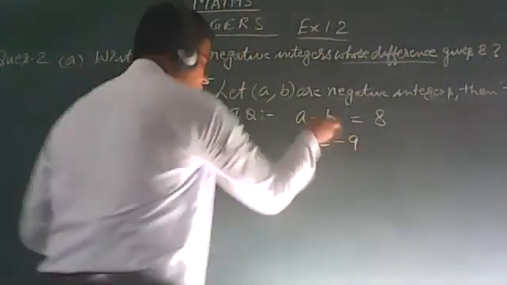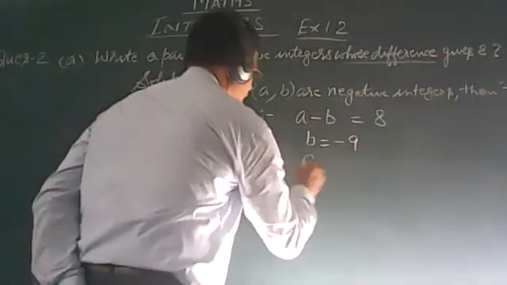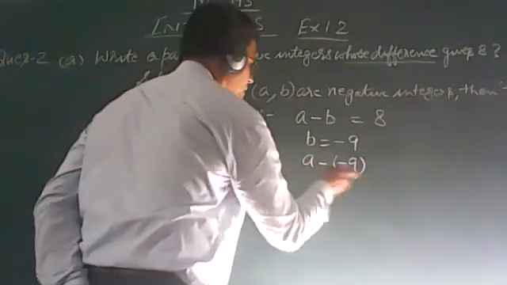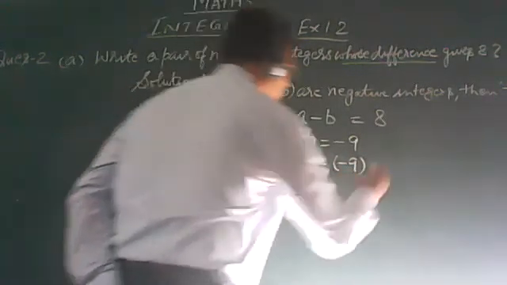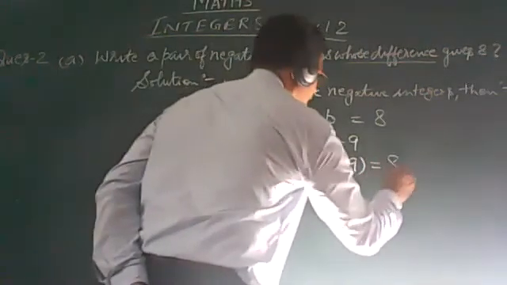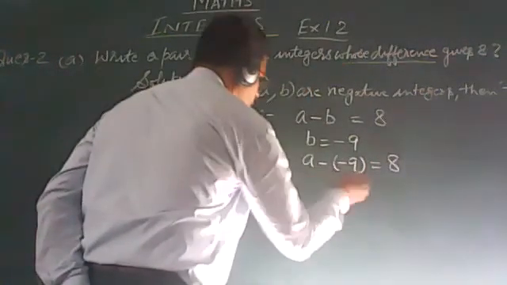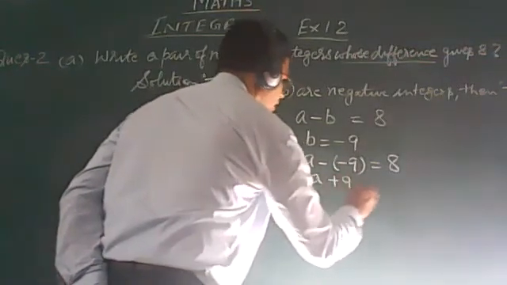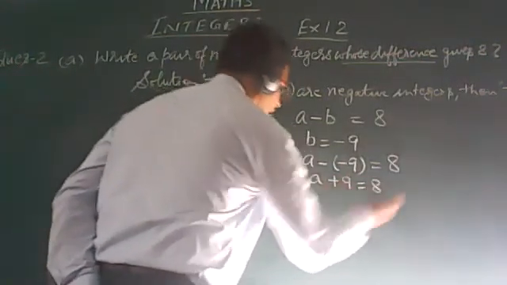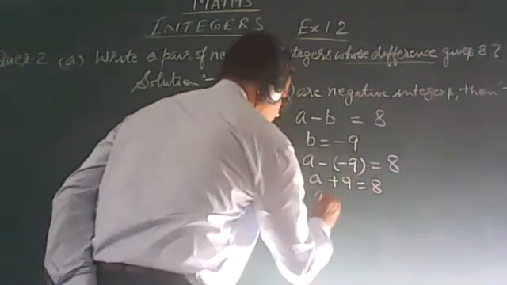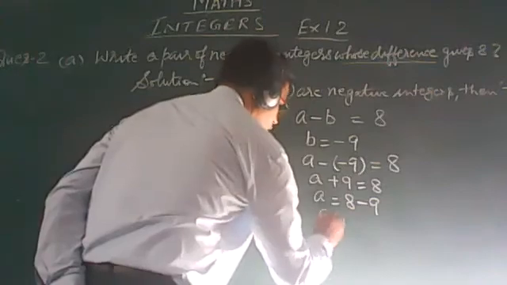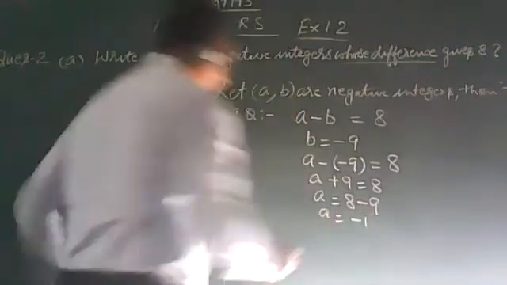Now we put it there: A minus (minus 9) equals 8. If the number is negative, we write it in brackets. Now we open the bracket: minus minus becomes plus, so A plus 9 equals 8. And 9 goes to the other side, the sign will change, A equals 8 minus 9. Therefore, A is equal to minus 1.